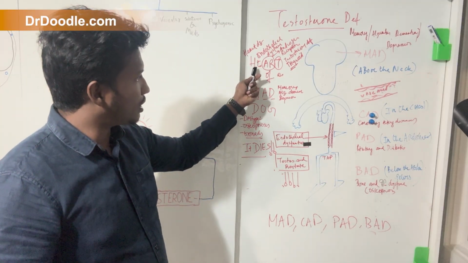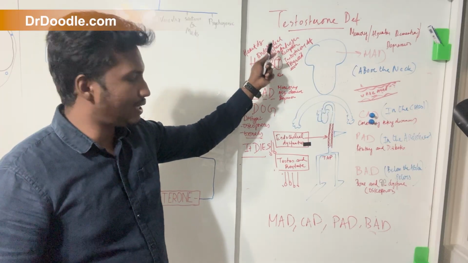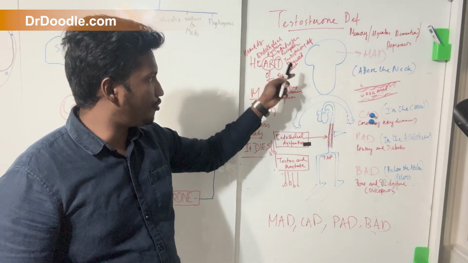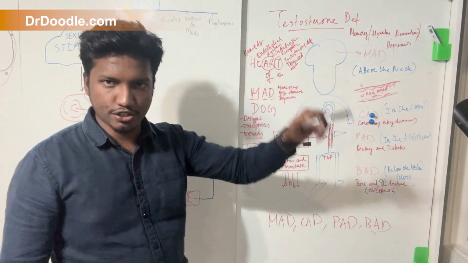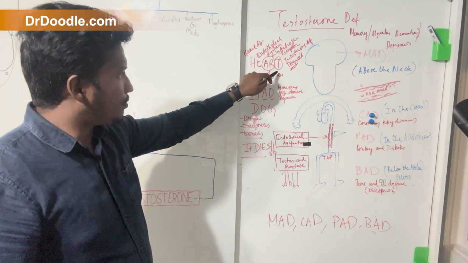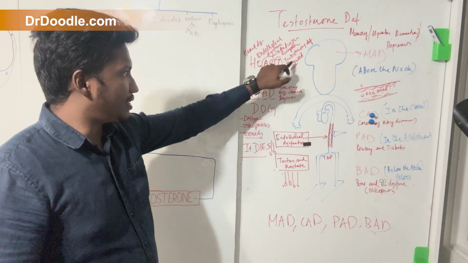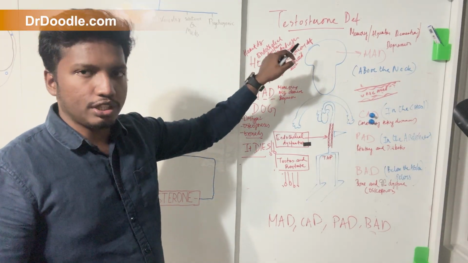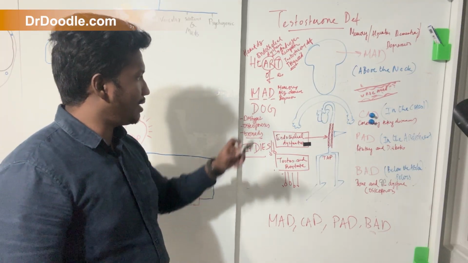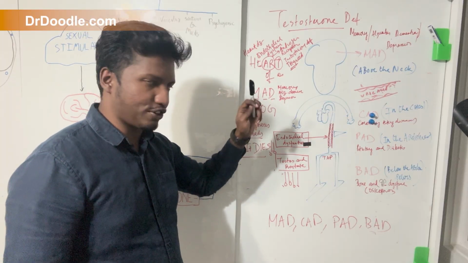So, if you look at the heart, H stands for heart, E for endothelial dysfunction, then you have your androgen receptors, the AR, and finally T, testosterone and thyroid hormone. So whenever either of these are affected, especially the testosterone thyroid part, you will have MAD happening. What is MAD? Loss of memory, Alzheimer's dementia, and depression.